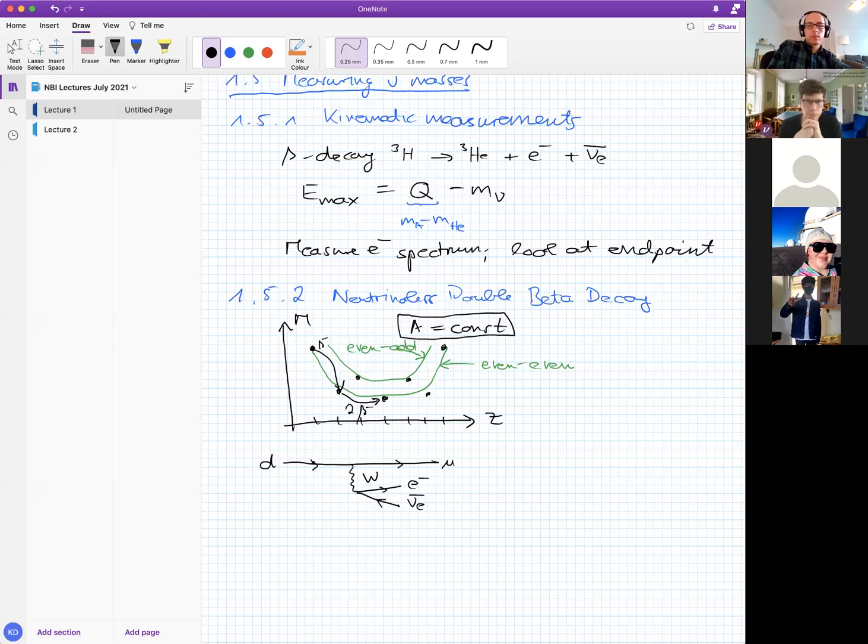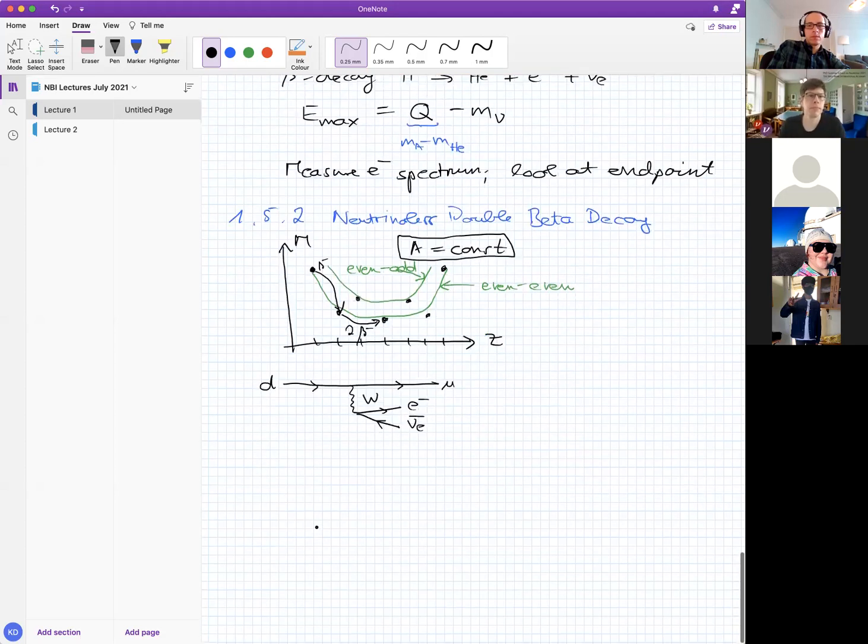And simultaneously, the same has to happen also for another nucleon. There's a second quark line here at the bottom with a down going to an up, and a W going to an electron and an antineutrino. And those two have to happen simultaneously.